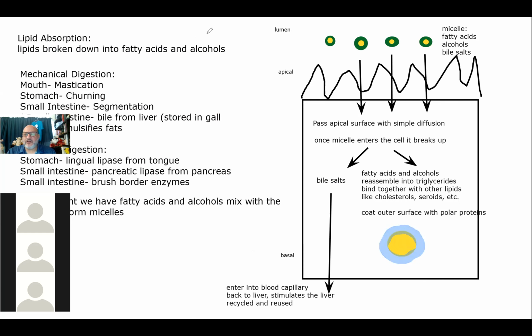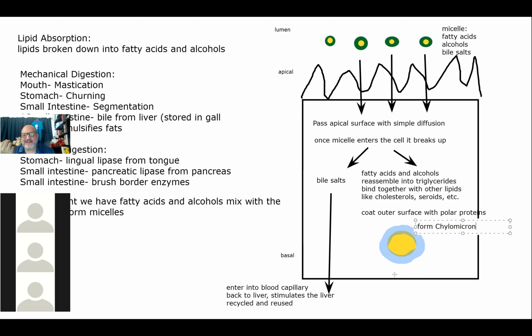When we do, we form what we call a chylomicron, a big chunk of fat that is coated in polar proteins so that it can be dissolved in water.